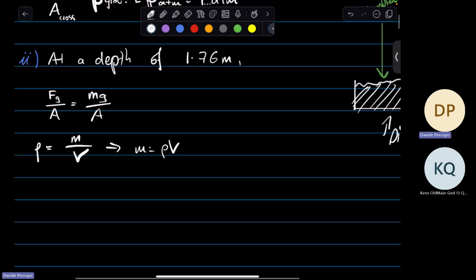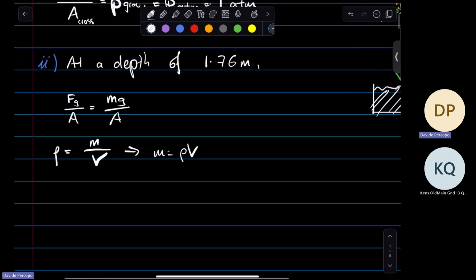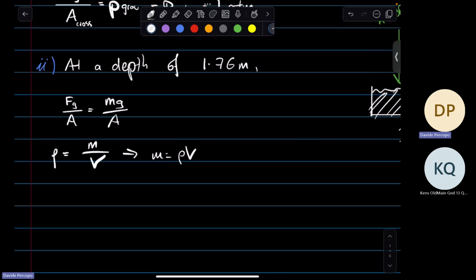But now let's not stop here. Now this is the cross-sectional area, because it's force per unit area. Now the volume of the tube, what is it in terms of H and A? Yeah, A times H. Pretty good, right? And this is a cross-section.